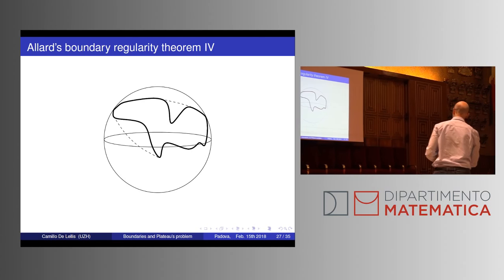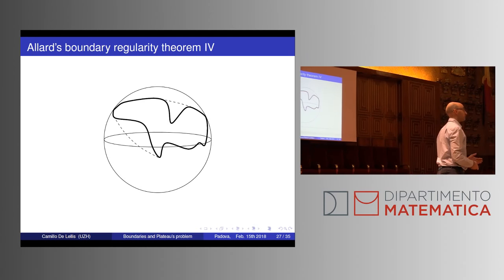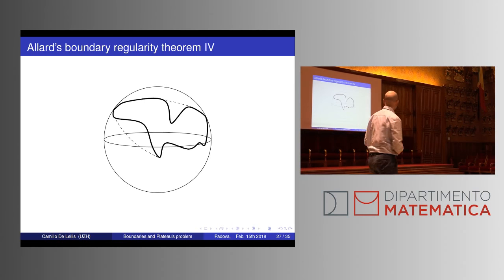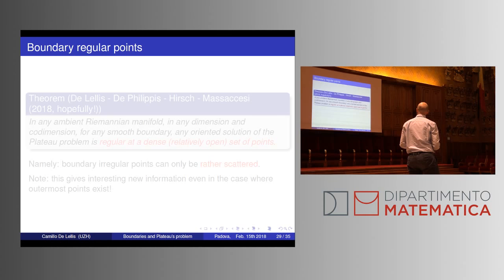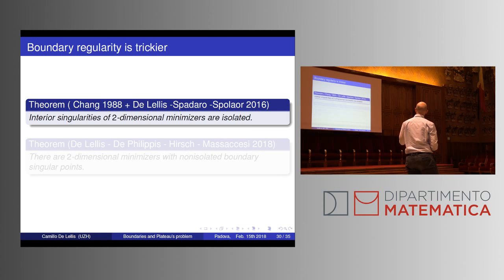So even in the portion of the curve to which I cannot apply Allard's argument, I will find a lot of regular points. So it's giving you actually interesting information even in that case. Okay, that is the theorem.